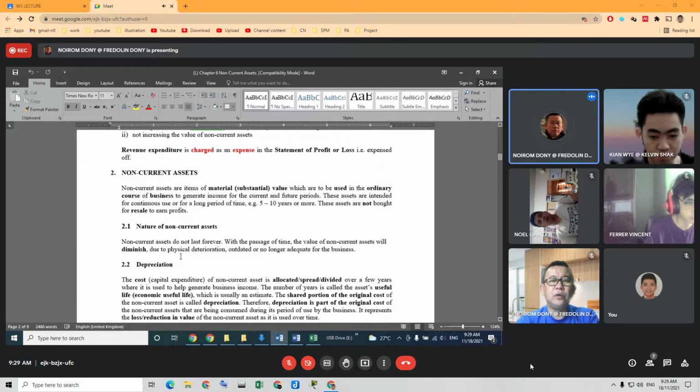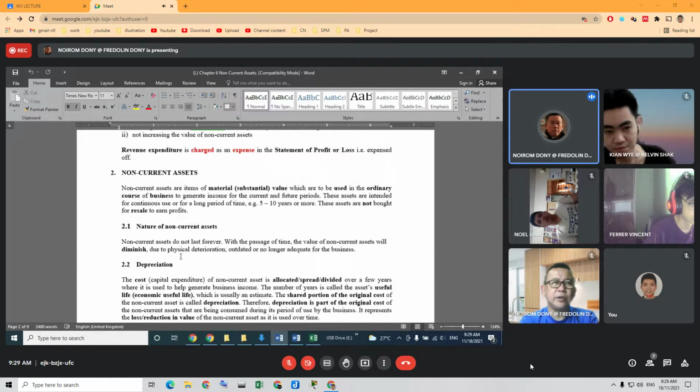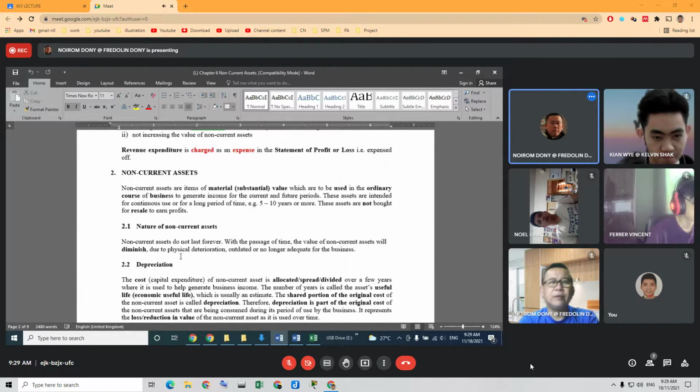Due to physical deterioration. Physical meaning as you use your motor vehicle, the physical fitness of that particular vehicle becomes loosened. Last time it was fit, you couldn't hear any squeaking sound, but now you can hear it after the third year.